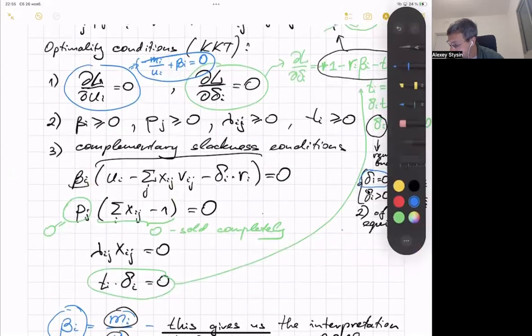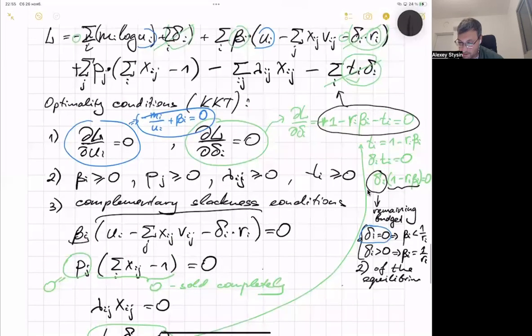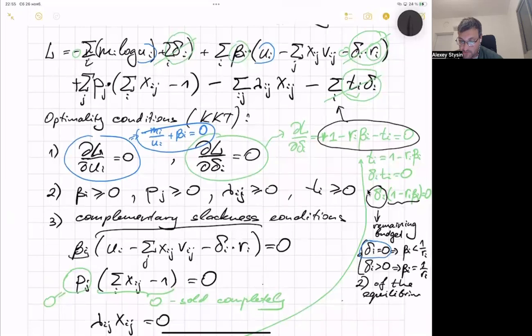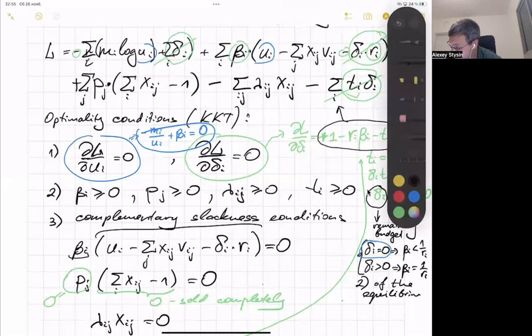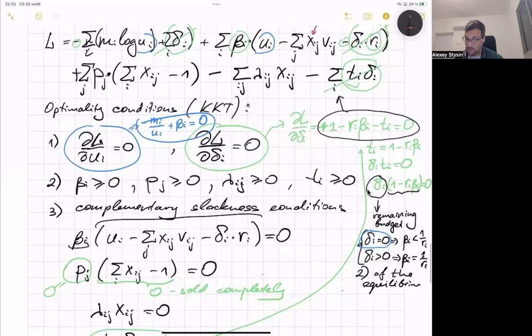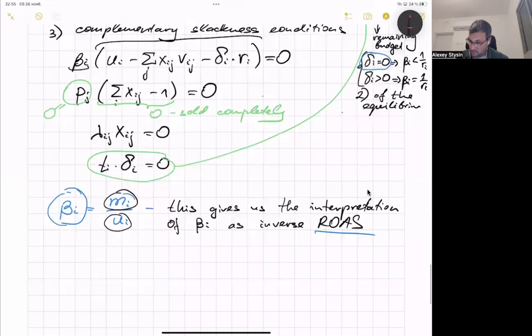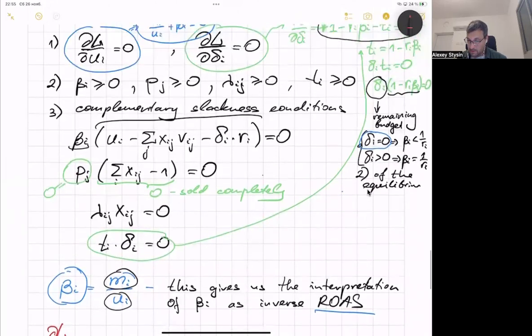Finally, we need to do the derivative of L with respect to xij. So let's do that. dL over dxij.